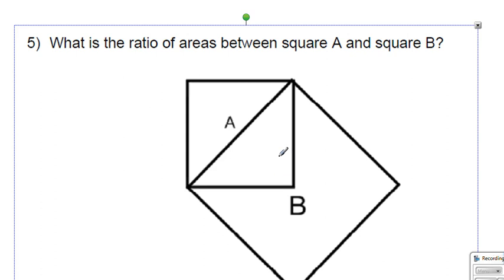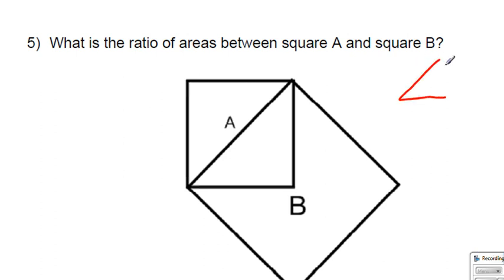Number 5. Now, as soon as we see a right triangle, square, the right triangle which we have to be reminded of would have been 1, 1, square root of 2. That's what we talked about in class. So then here, this side becomes 1. And this side becomes square root of 2.